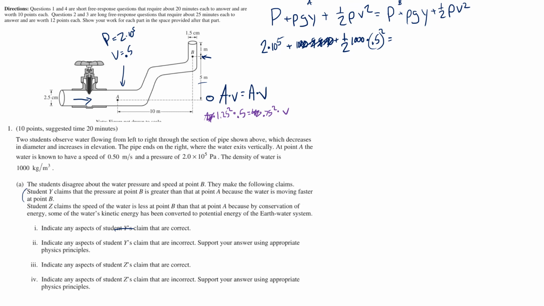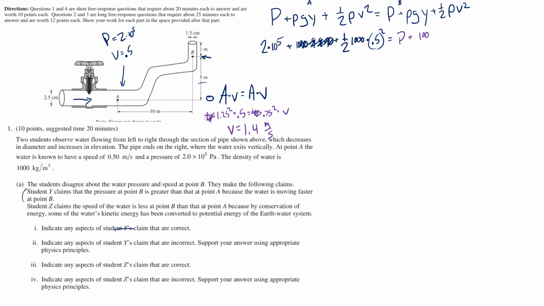So I'm getting a velocity of 1.3888. I'm going to go 1.4 meters per second. All right, so I know what that speed is. I can plug it into here and we can find out what the big P is.